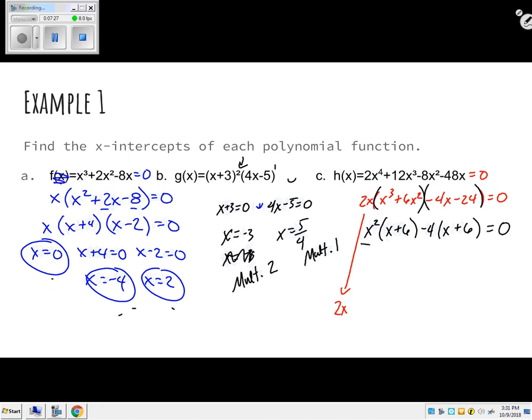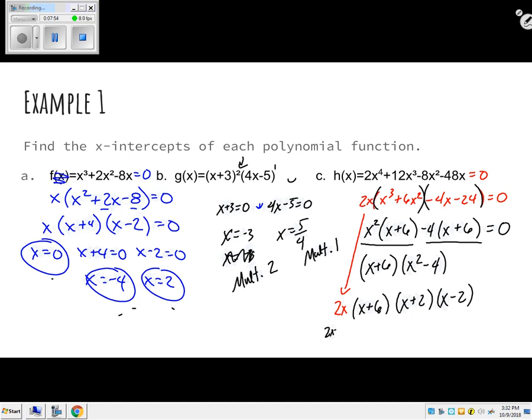Now, I'm going to do the greatest common factor one more time with these big terms right here. I see they both have x plus 6 in common. And if I write down what's left, x squared minus 4. I'm almost there. That x plus 6 doesn't factor anymore, but the x squared minus 4 does factor as the difference of 2 squares, x plus 2 and x minus 2.